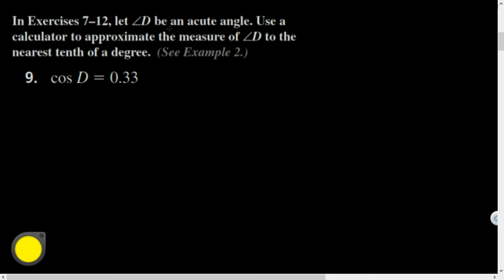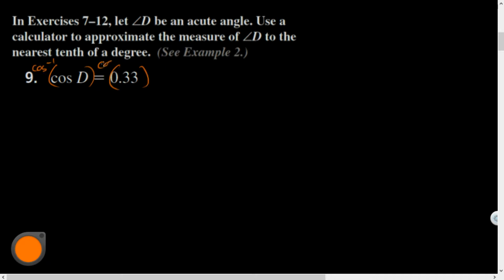Okay, here we go. Let angle D be an acute angle. Use the calculator to approximate the measure of angle D to the nearest tenth of a degree. Here's an equation: the cosine of some unknown angle is 0.33. To get that angle by itself, to get rid of this cosine function, you can cosine inverse both sides.